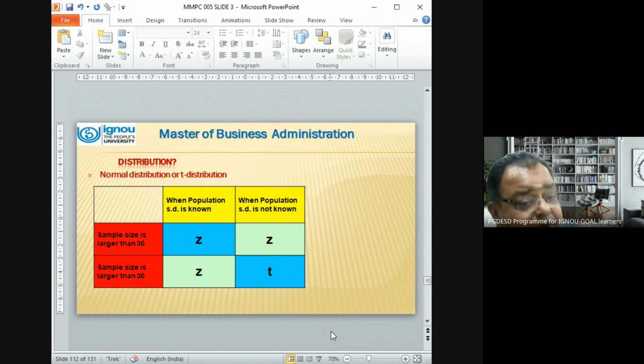But when population SD is not known and the sample size is small, we use T test. This is how we have to remember under what condition to use Z test. Out of the 4 conditions, we are using Z test in 3. That means we have to keep Z test in our mind unless and until T is required to be calculated.